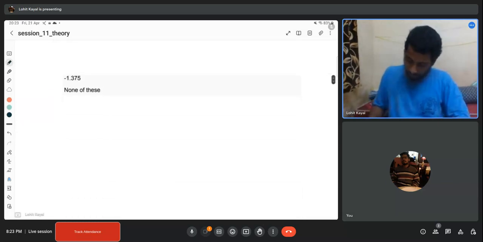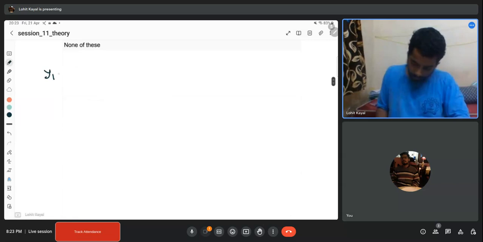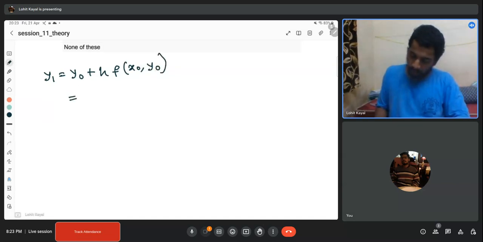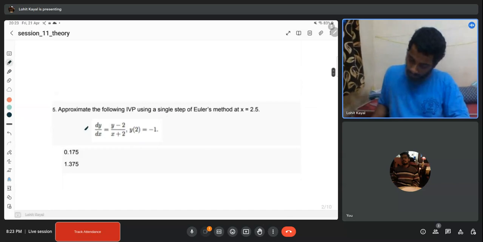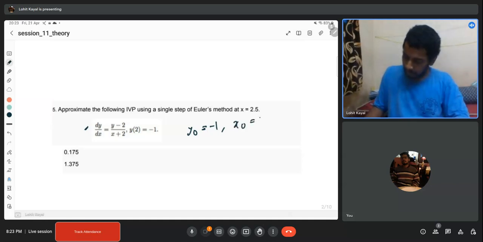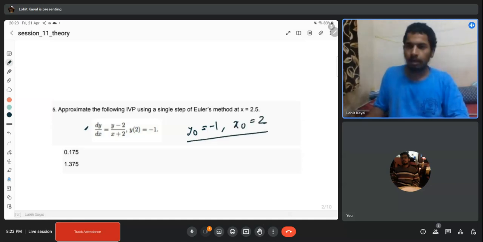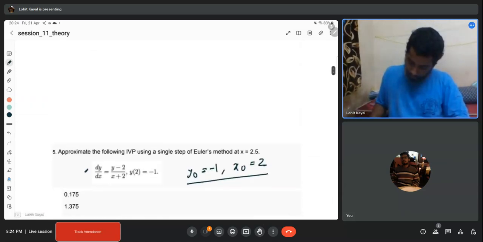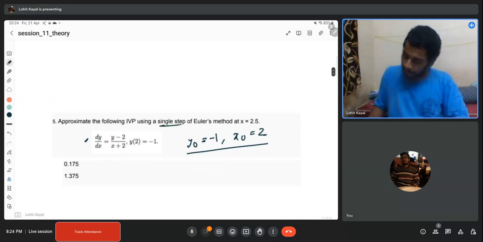So first do y1 equal to y0 plus h f of x0, y0. Now see that y0 is given: y0 equal to -1 and x0 equal to 2, right? So it will be -1, using a single step Euler.